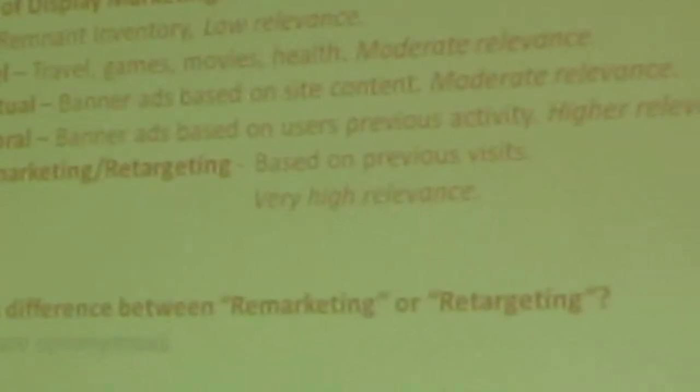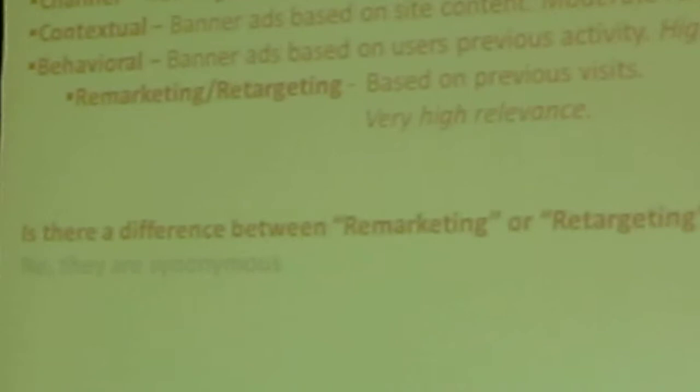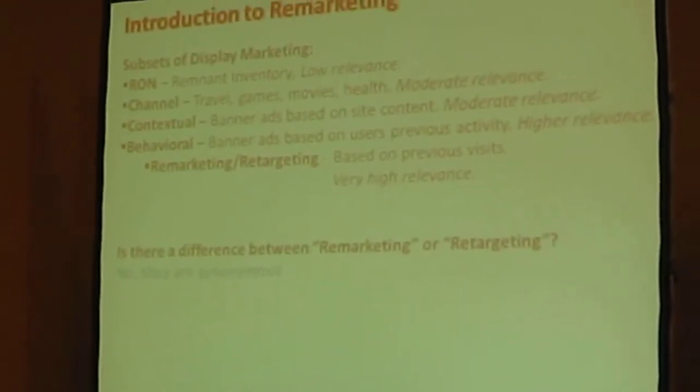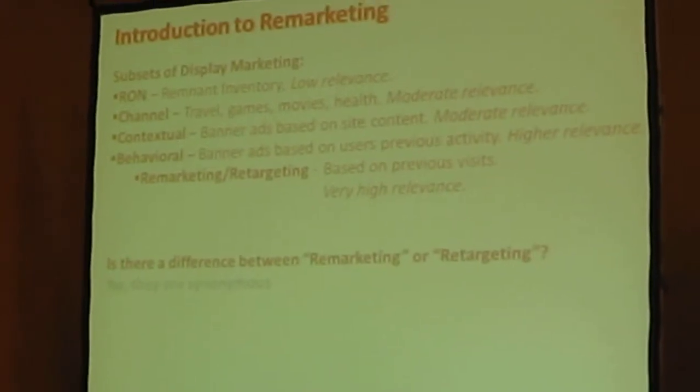And then you have remarketing or retargeting, which is a subset of behavioral, but it allows you to target even more finely, targeting users that have expressed an interest in your product or service. So it's even more targeted than general behavioral. Some people call it remarketing, some people call it retargeting. The names are synonymous.